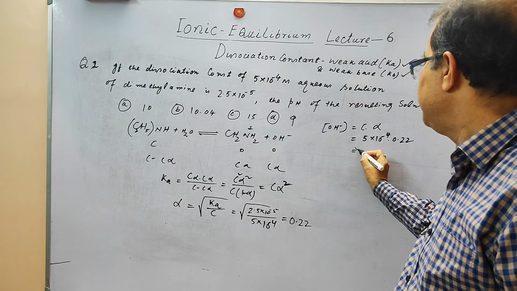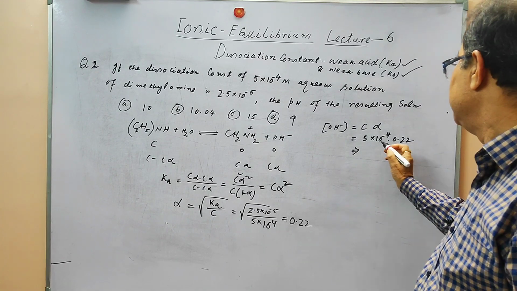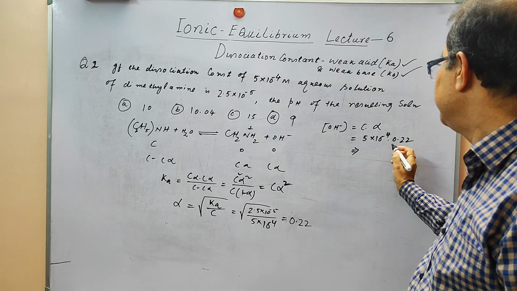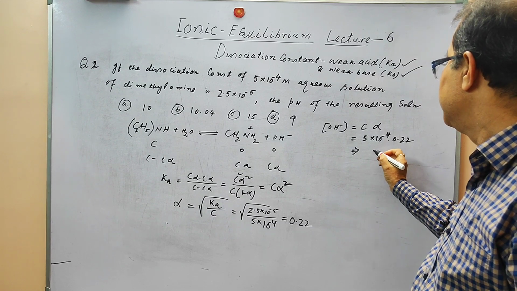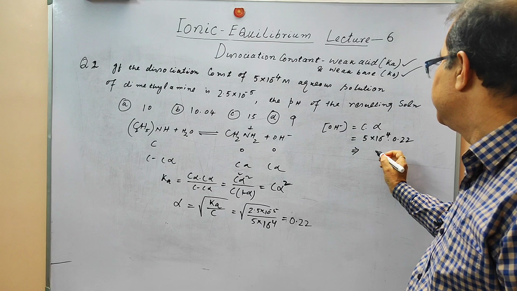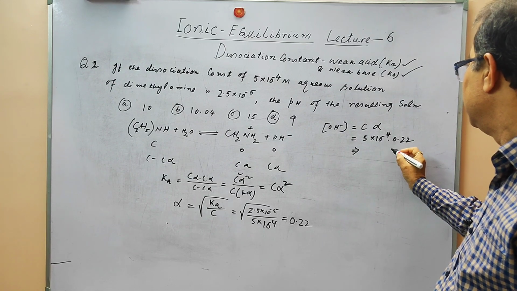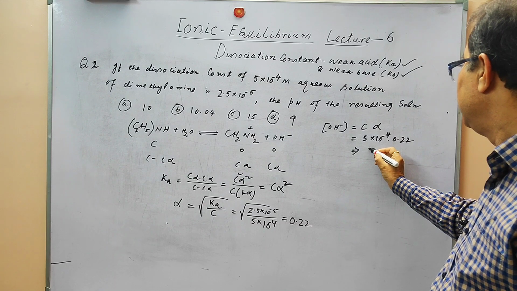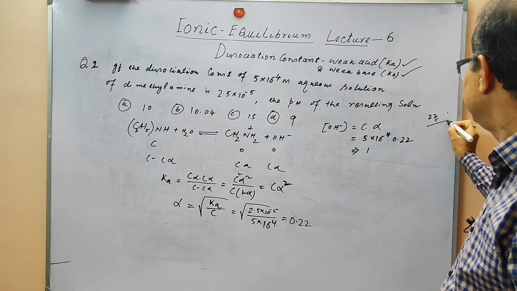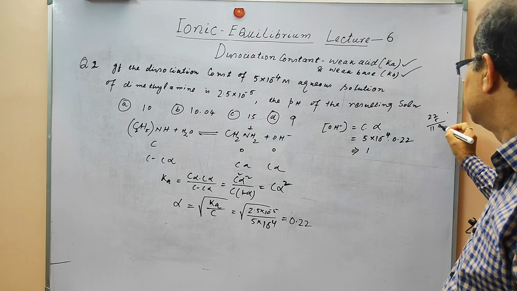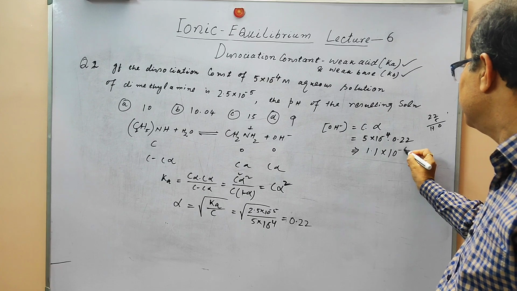So if we calculate, this will be coming around 22 into 5, 110, this will be 1.1 into 10 to the power minus 4.